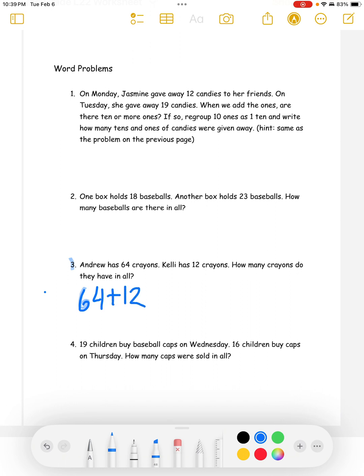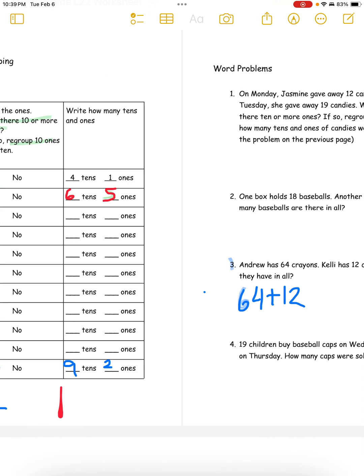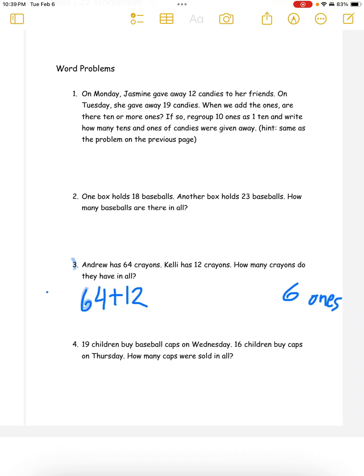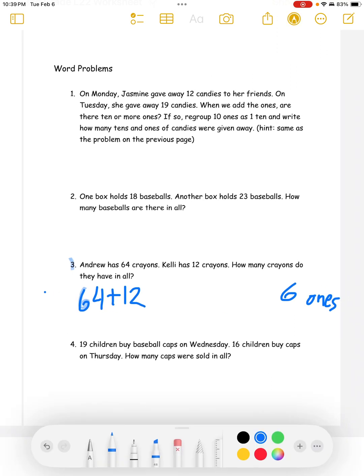And let's see. 4 plus 2 equals 6, so there's 6 ones. And so there aren't 10 or more ones, so it will be no if you were to do it like here. So let's just write no just for our example.